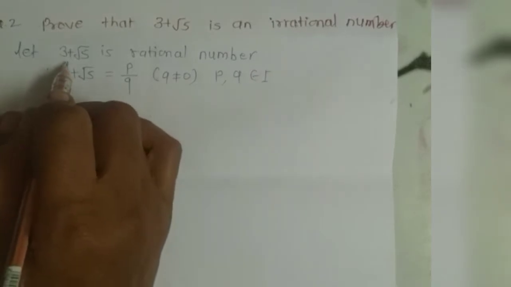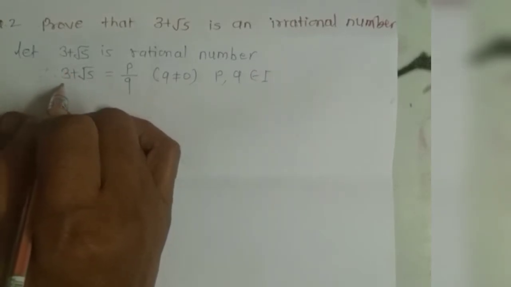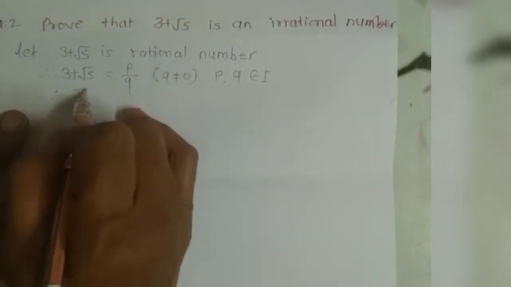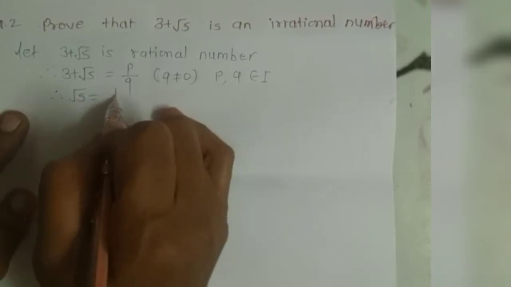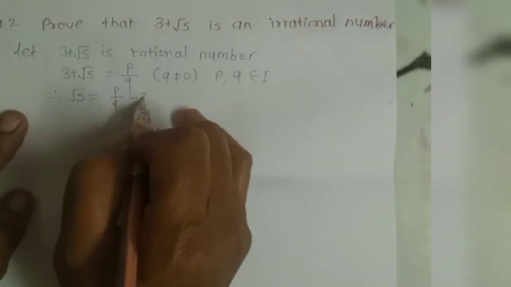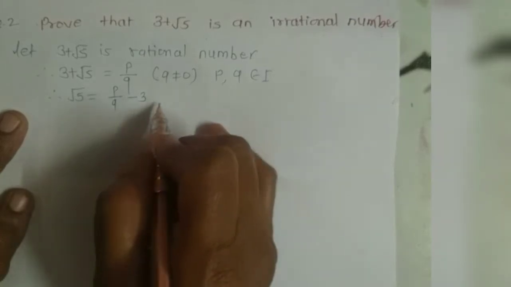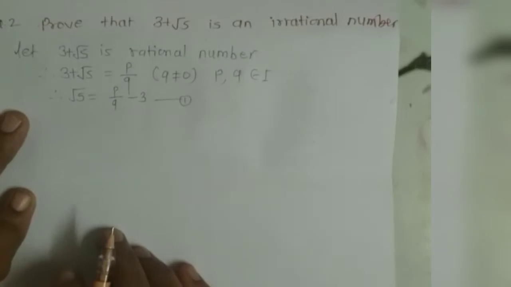Again, this 3 on the left side we transfer to the right side of this equality, and we get root 5 is equal to P upon Q minus 3. In this step, we say this is equation first.